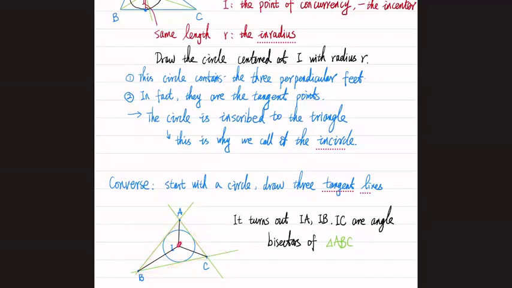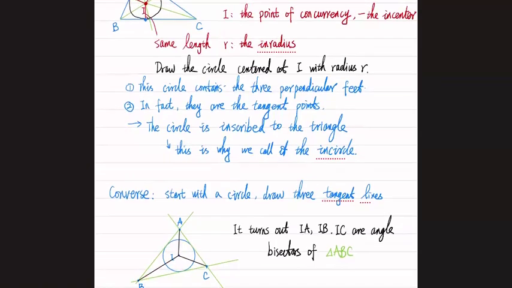Now we connect each vertex with the center with a segment, which bisects the angle. So we can go back and forth from triangle to circle, and from circle to triangle.